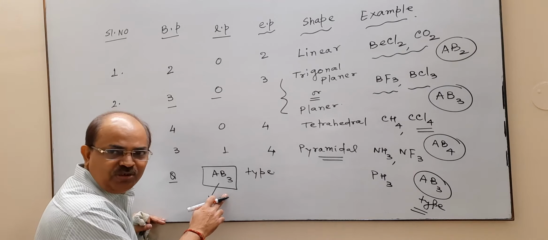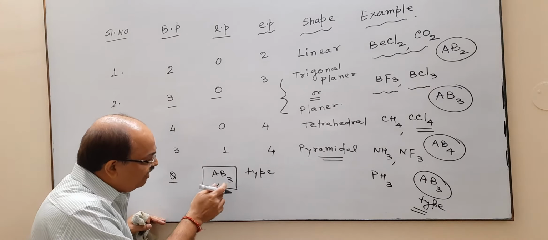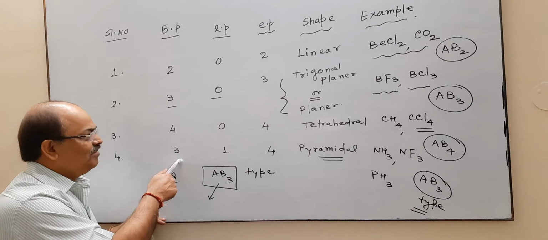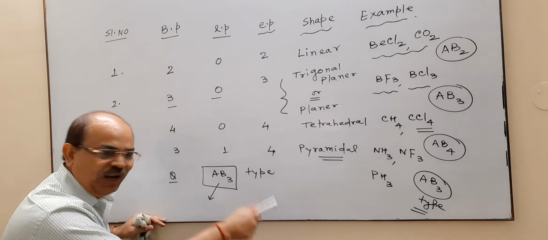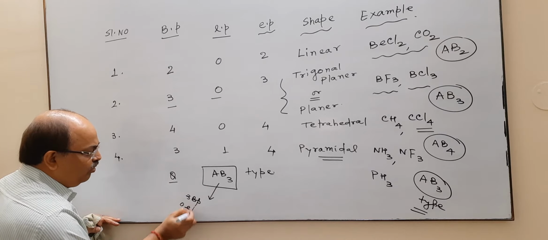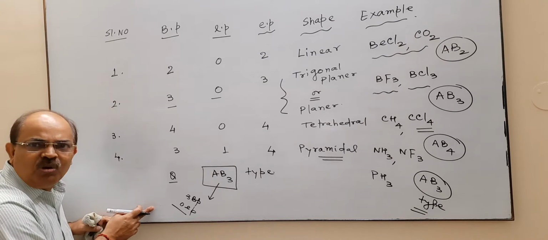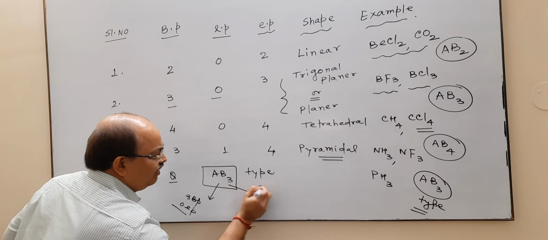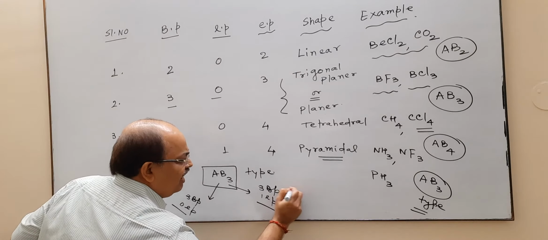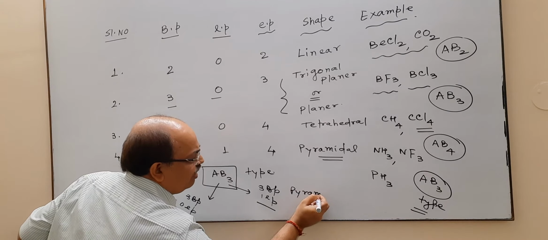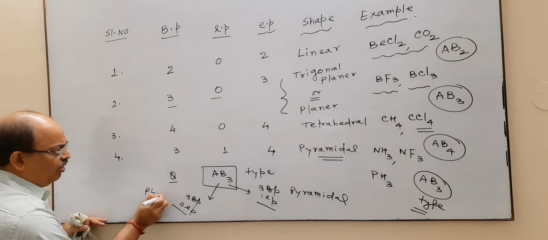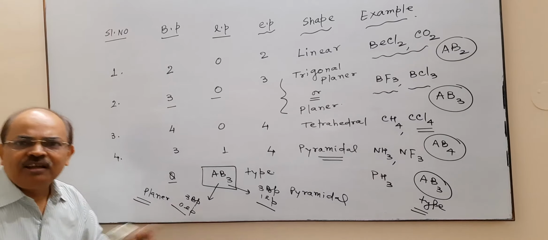But if it is AB3 and the shape is pyramidal, it means 3 bond pairs along with 1 lone pair. So AB3, 3 bond pairs, 0 lone pairs, then it will be triangular planar. But AB3, 3 bond pairs, 1 lone pair, then it will be pyramidal. In this case it is pyramidal, while in this case it is planar, or you can say triangular planar.